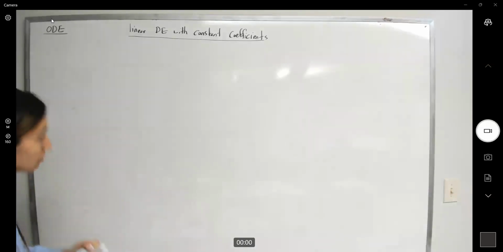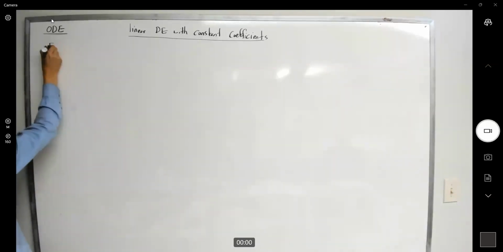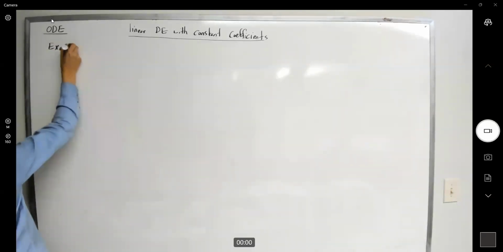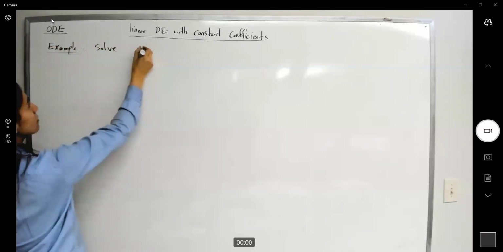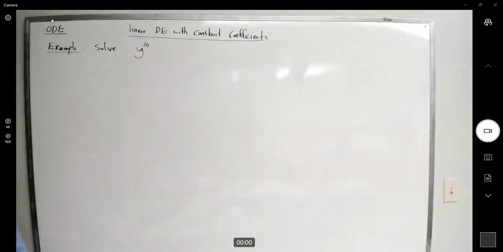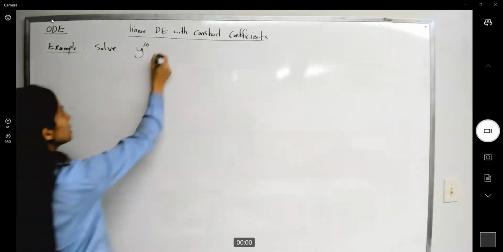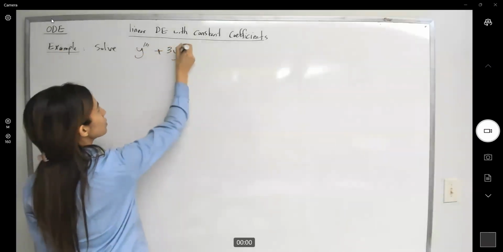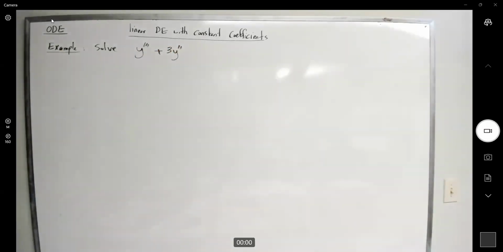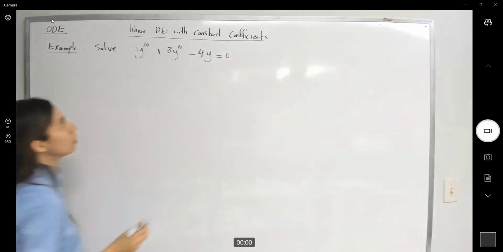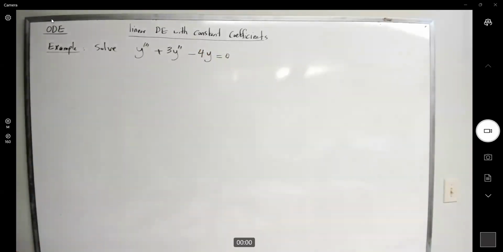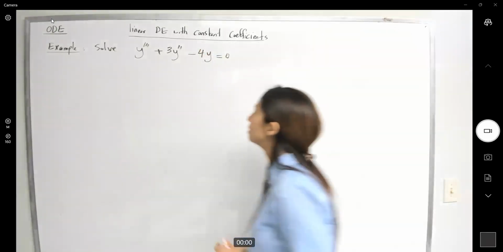Example: solve y''' plus 3y'' minus 4y equal to 0. Okay, what should I do here?